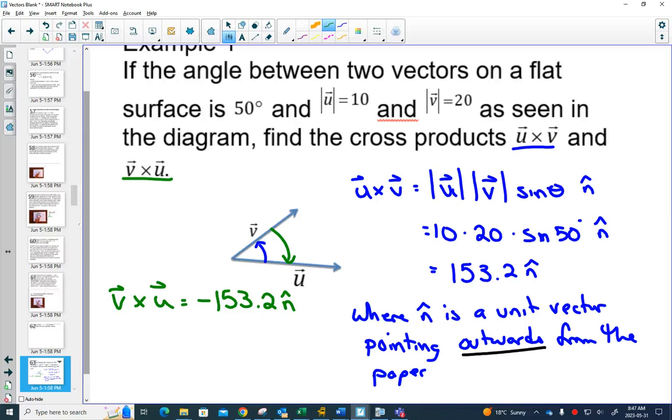I feel like there should be some sort of notation, like n with a little arrow, where the arrow up means outwards and the arrow down means inwards. Who knows, maybe there is a really good notation out there that would allow us not to write more words, but I don't know.